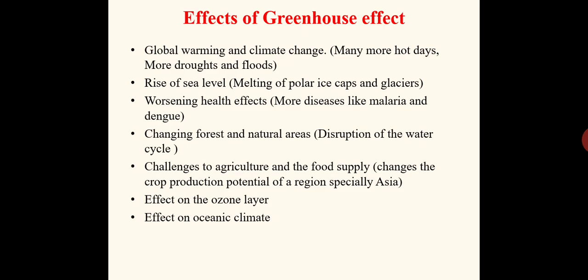Once the temperature in the atmosphere increases, the melting of polar ice and glaciers will raise the sea level. If sea level increases by 1 meter, most of the land area will go under the sea. That is a very dangerous situation.